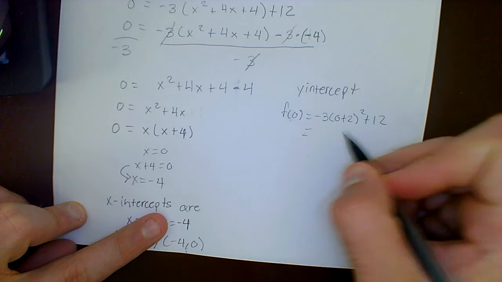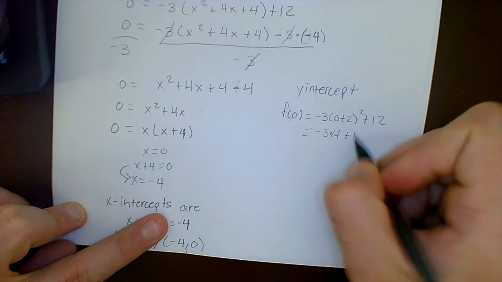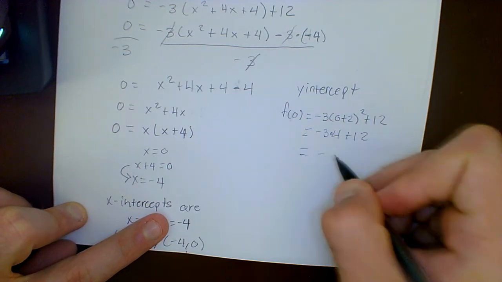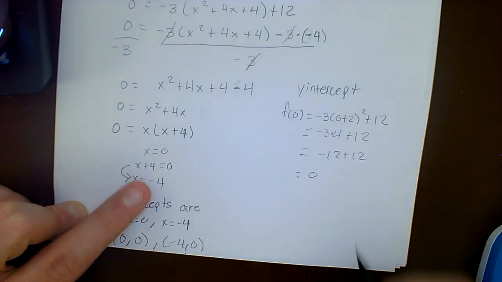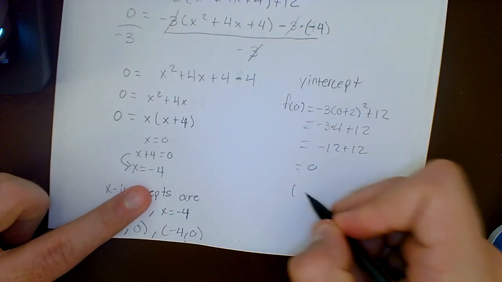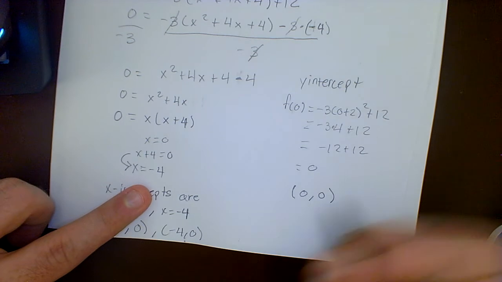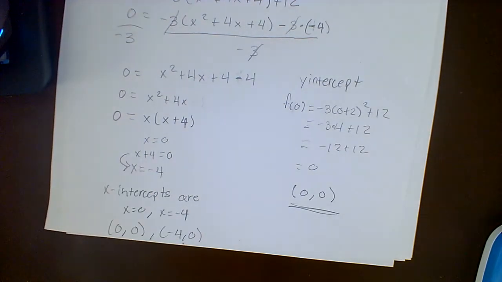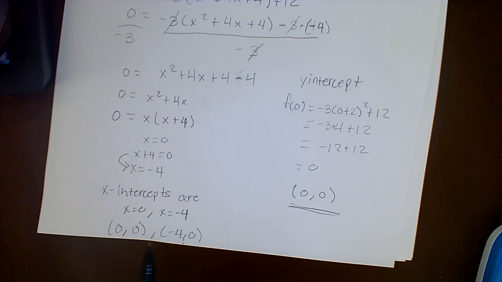So that's equal to negative 3 times 4 plus 12, which is equal to negative 12 plus 12. So it's equal to 0. So again, this means that when x is equal to 0, y is equal to 0. And it's unexciting in this example because the y-intercept is the same as one of the x-intercepts.